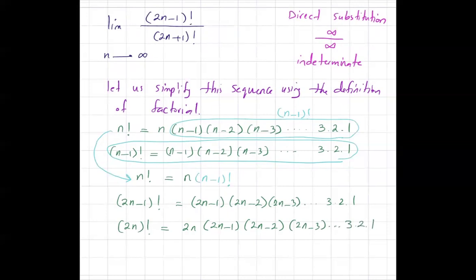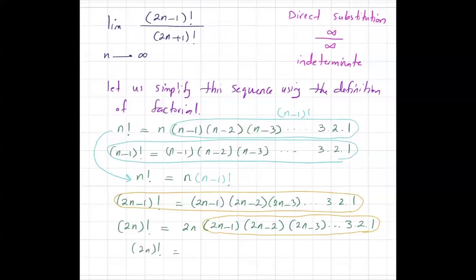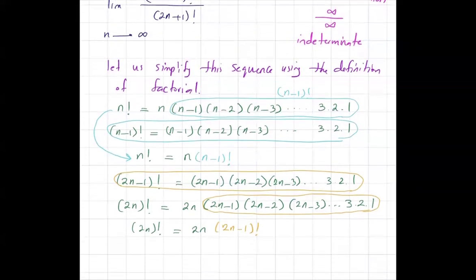But again, the same thing happens here: 2n minus 1 times 2n minus 2 times 2n minus 3 times 3 times 2 times 1 is (2n minus 1) factorial. So (2n) factorial can be written as 2n times (2n minus 1) factorial.